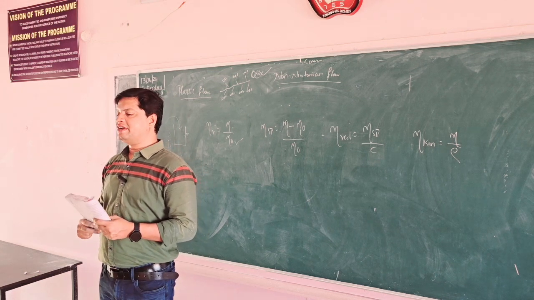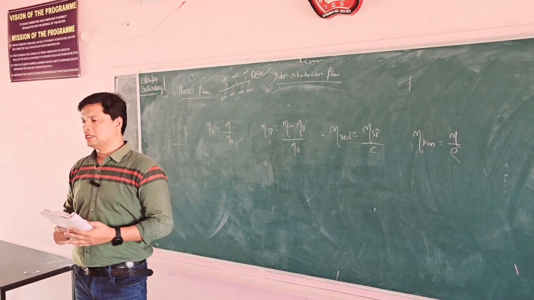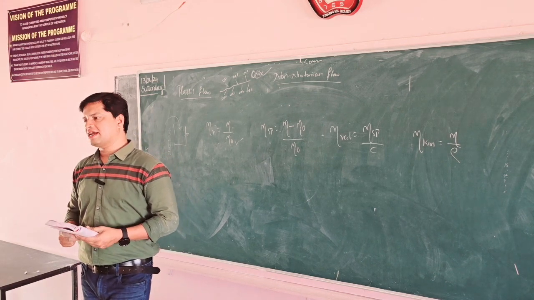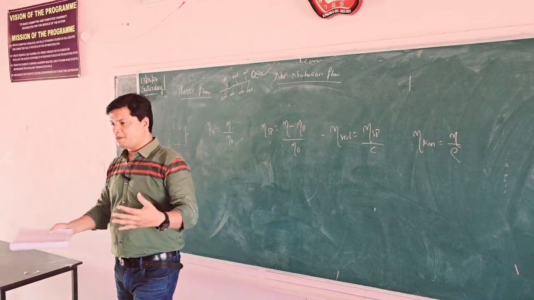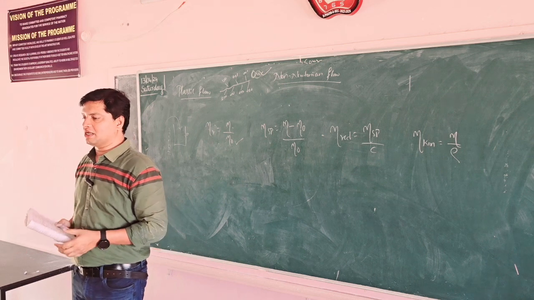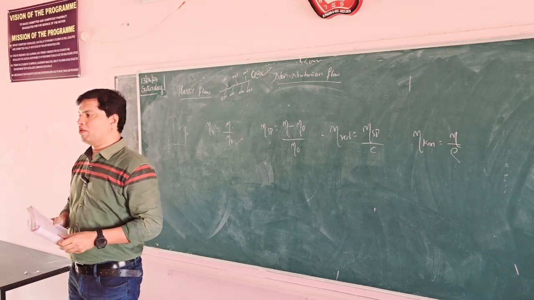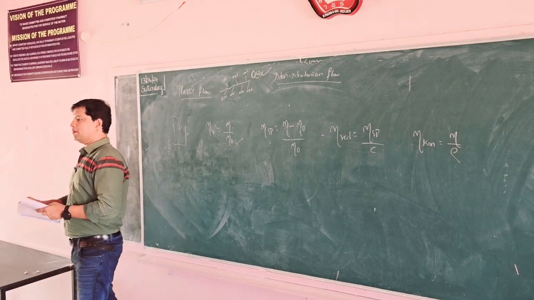Now tell me, if it interacts, is it more viscosity, or if it doesn't interact, is it more viscosity? Interaction. An example is your pseudoplastic. Gum is interacting with water. Due to this, viscosity is more. Interaction, more viscosity.